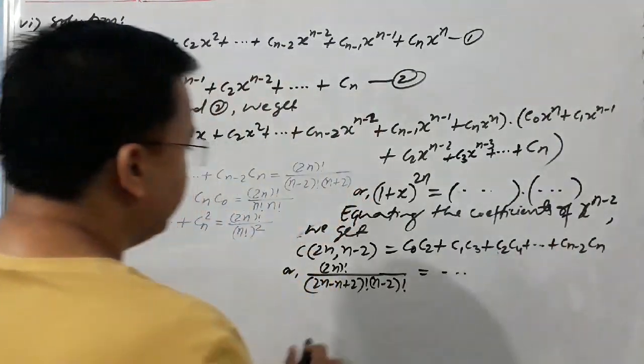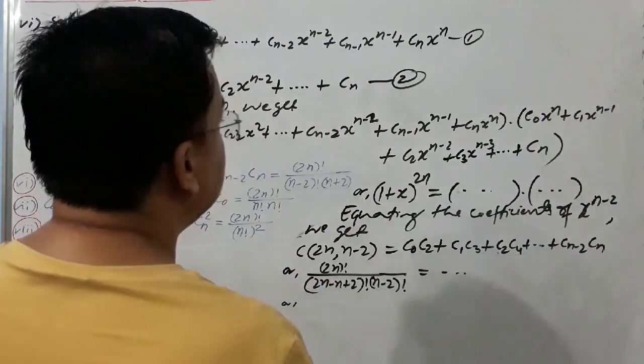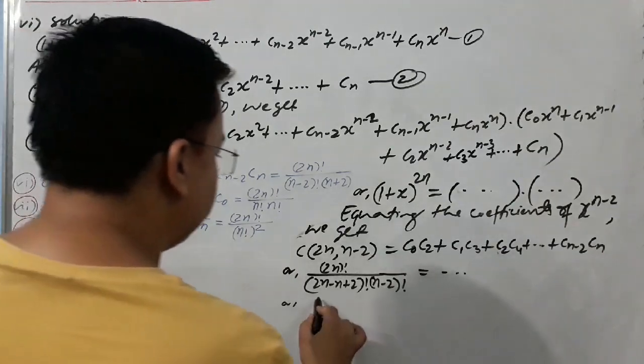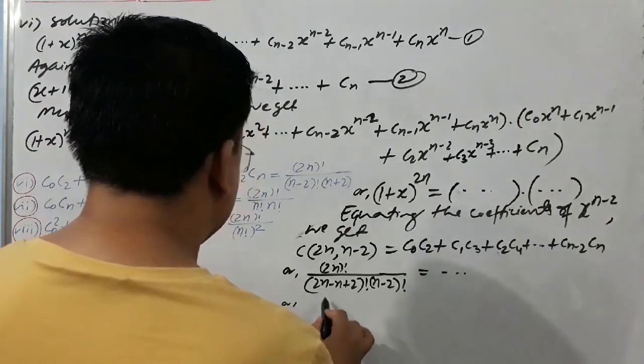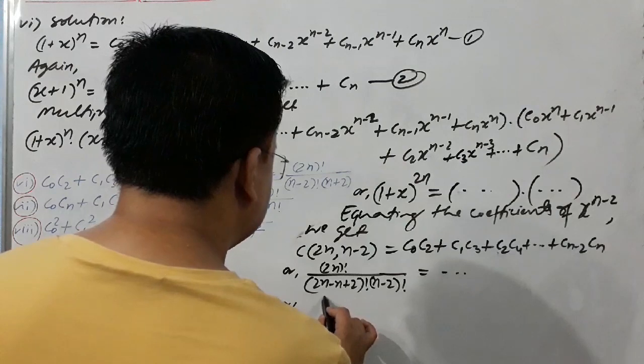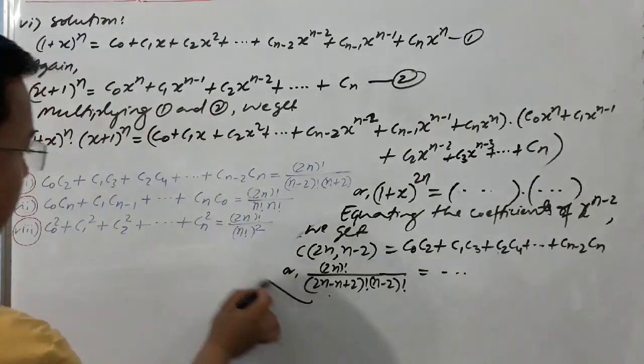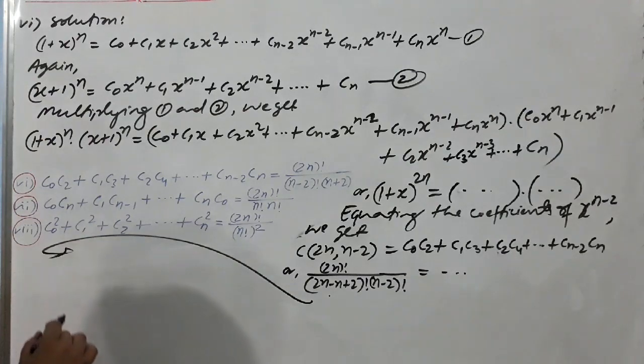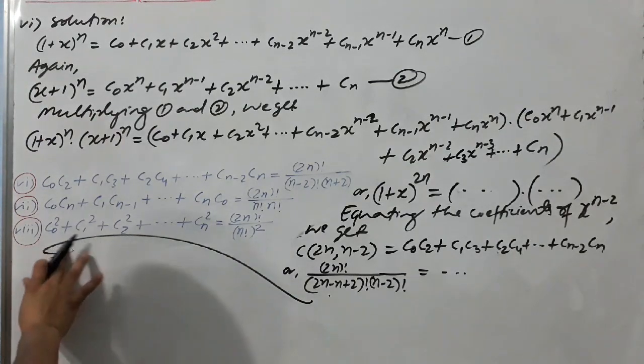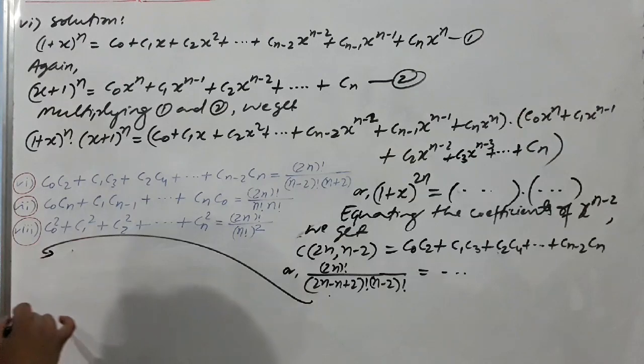So same thing, or you may write down here 2n factorial. I have space, but that may not come in the video.